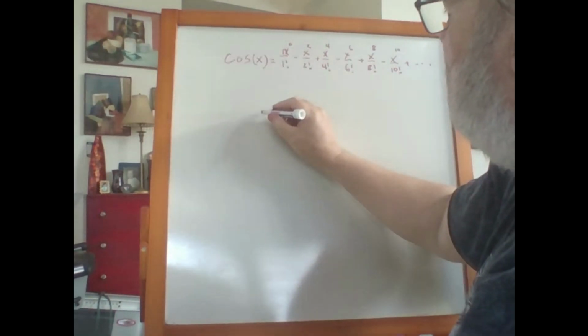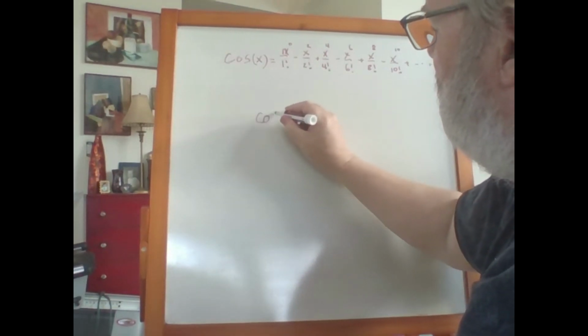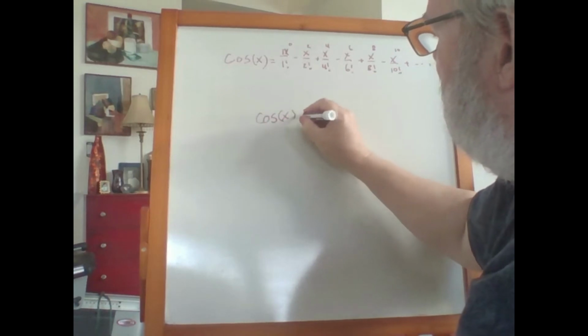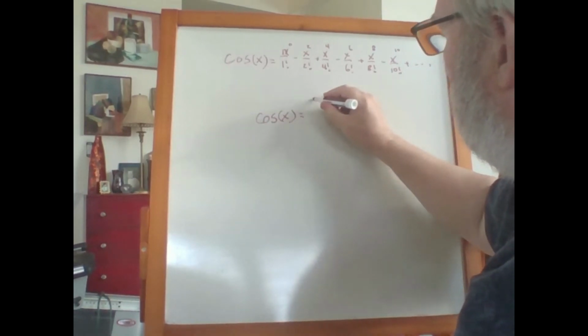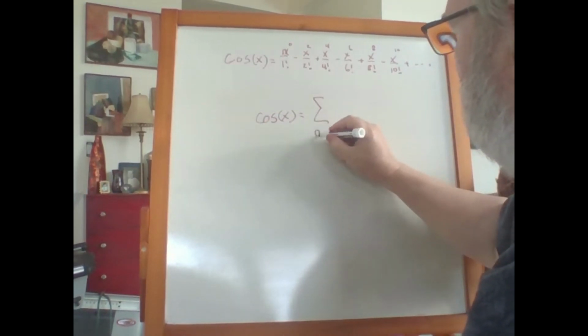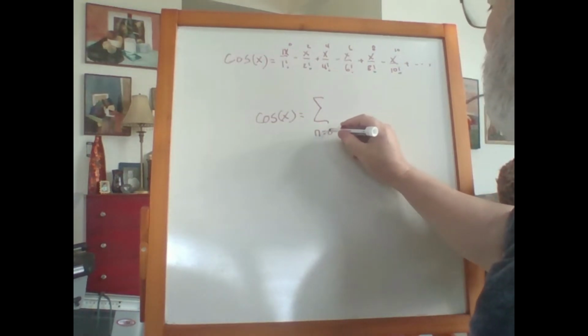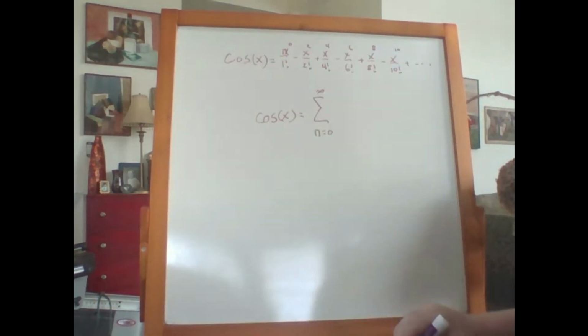So we could say that cosine of x equals the sum from n equals 0 to infinity. Now I may need to work it out a little bit because I don't have papers in front of me that show me what to do. So we're going to figure it out. The way I normally figure it out is by looking at the pattern.